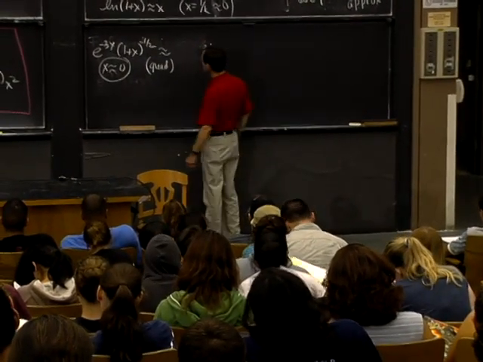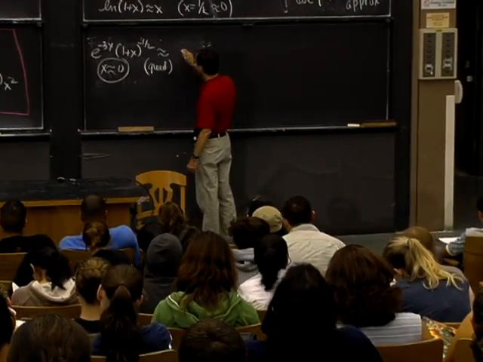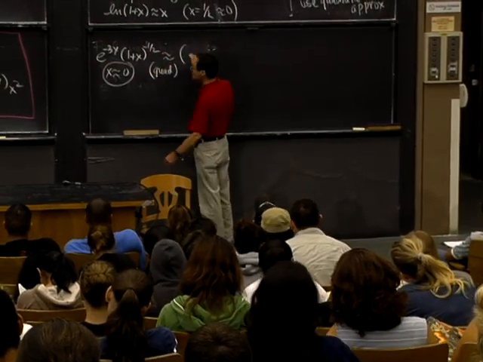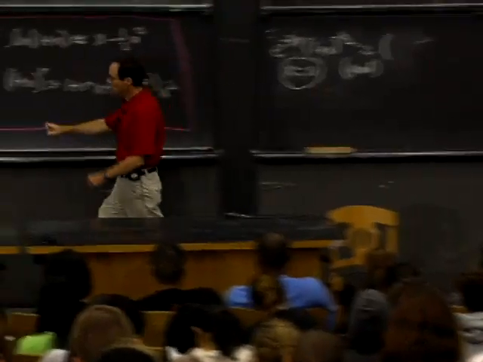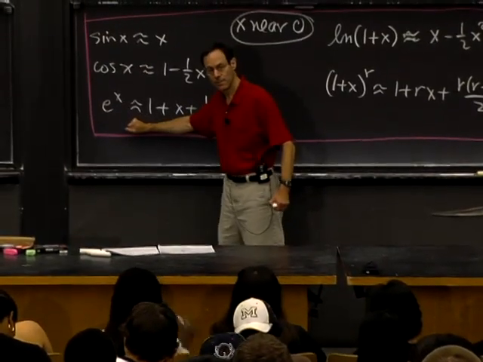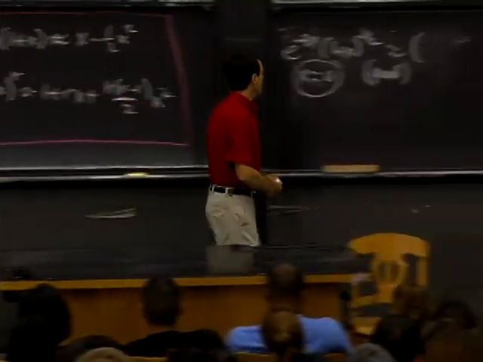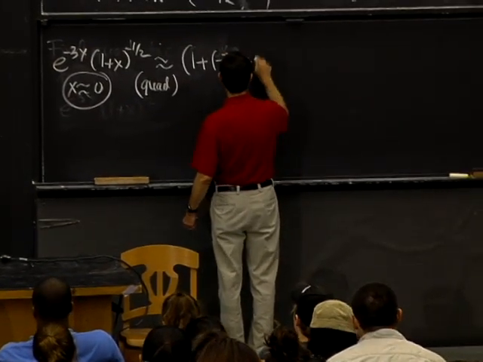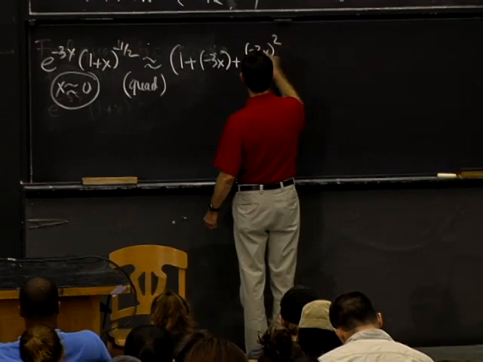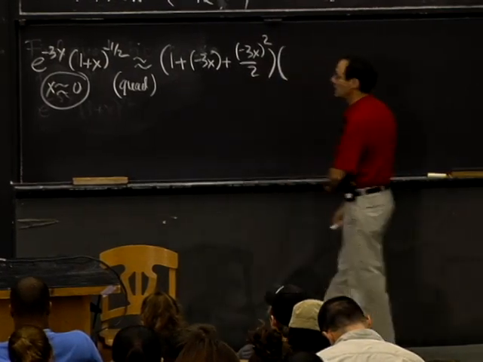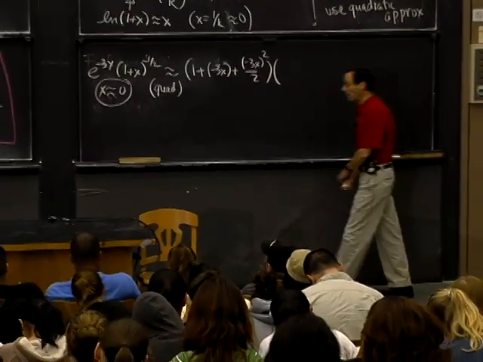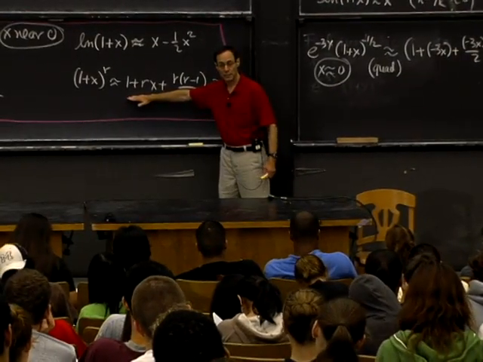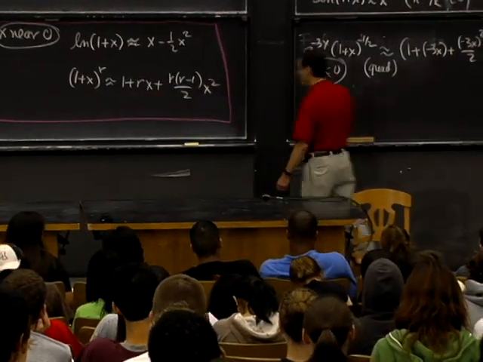So now, here's what I have to do. I have to write in the quadratic approximation for e to the minus 3x, and I'm going to use this formula right here. And so that's 1 plus minus 3x plus (minus 3x) quantity squared over 2. For the other factor, I'm going to have to use this formula down here, because r is minus a half.